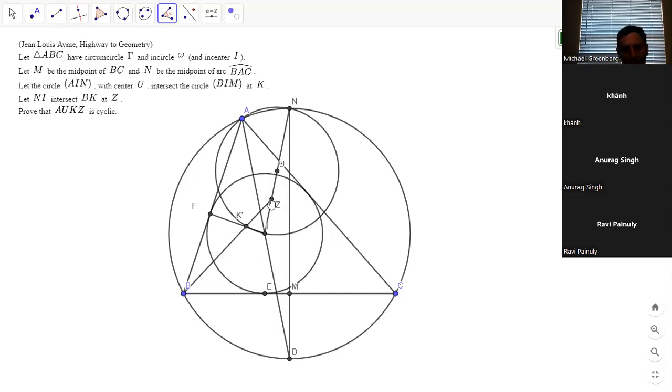I think we want to show ANI is equal to this angle actually. Yeah, we want to show angle ANI is equal to angle ZK prime I.